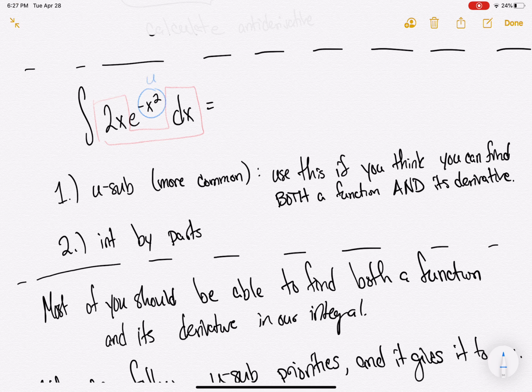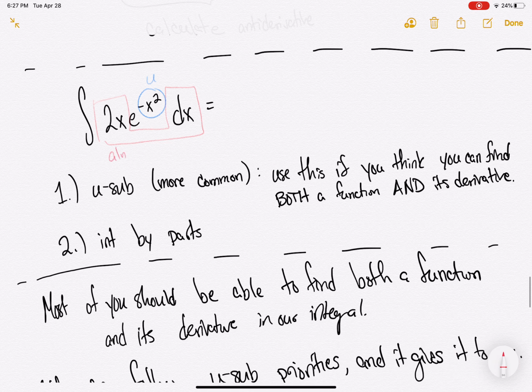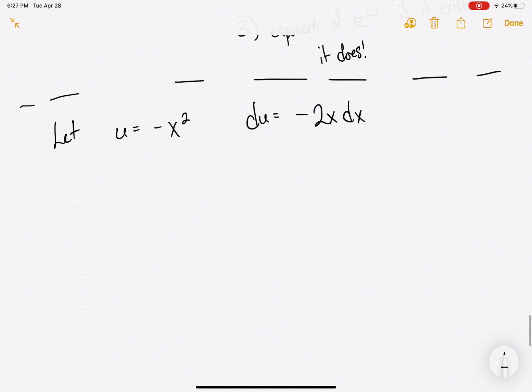So this is definitely u. This is almost du. What do we have to do? We just have to bring that minus sign over to the other side. So we're going to call this negative, not negative 2, negative du equals 2x dx.